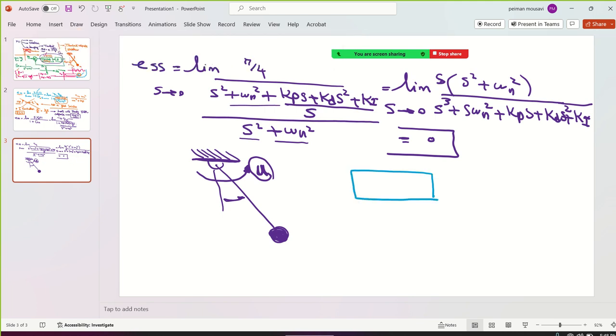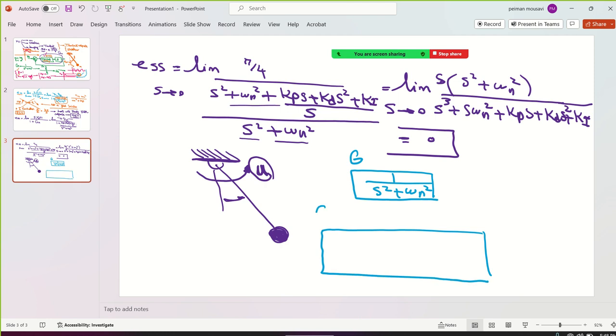Without the controller, the plant G for this pendulum is 1 over S squared plus omega n squared. After adding the controller, your new G is Kp plus Kd S plus Ki over S, times 1 over S squared plus omega n squared.